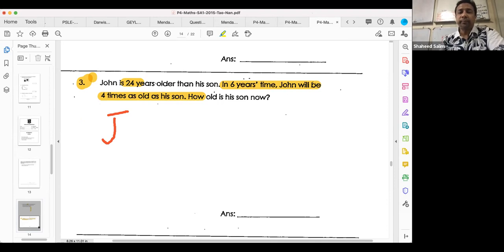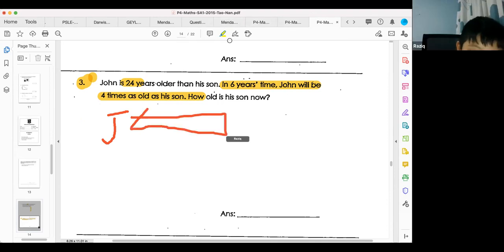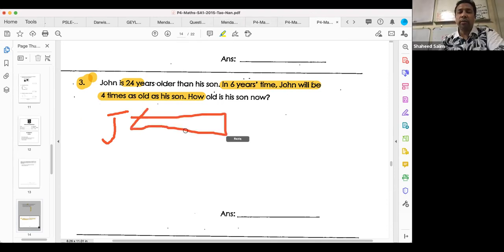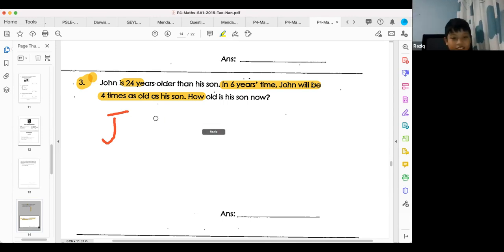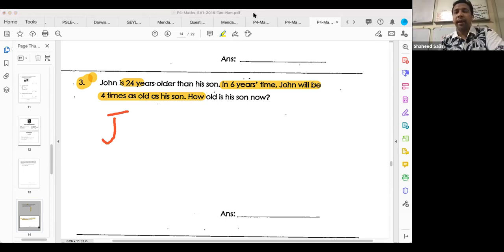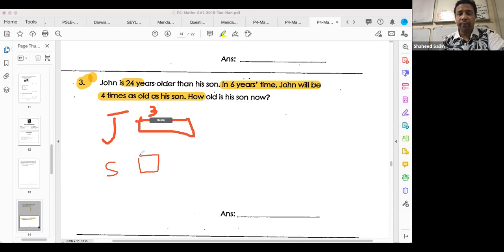Okay, now you have John and his son. So we put S for son, and we make the son 1 square. Why?